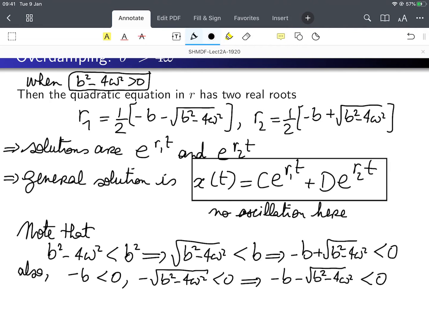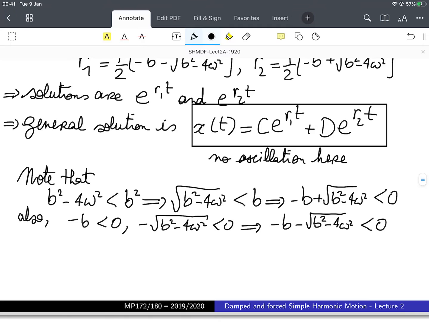So both R1 and R2 are negative numbers. And so my solution above is just going to be decaying with time.